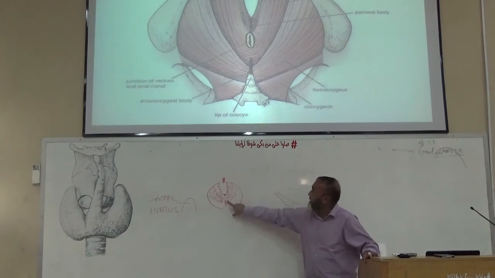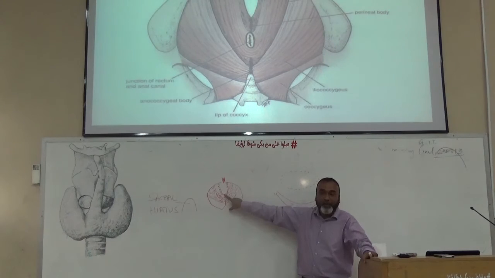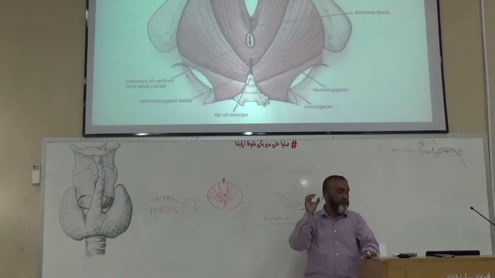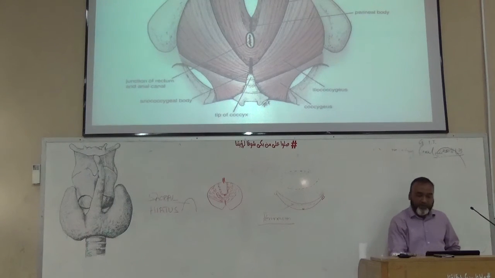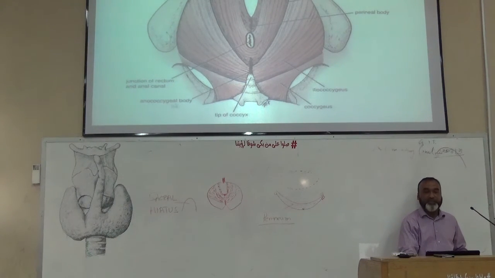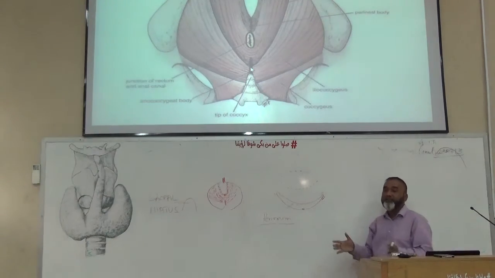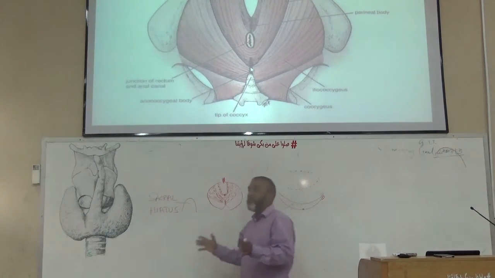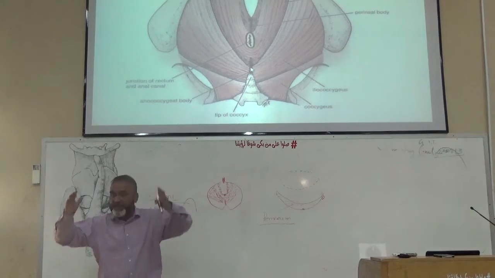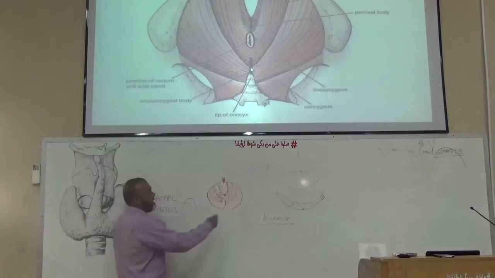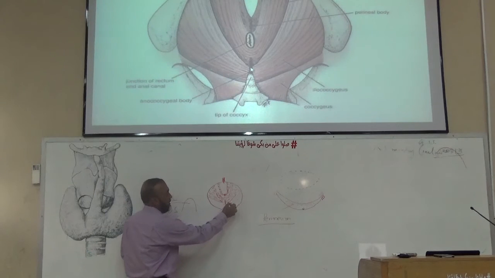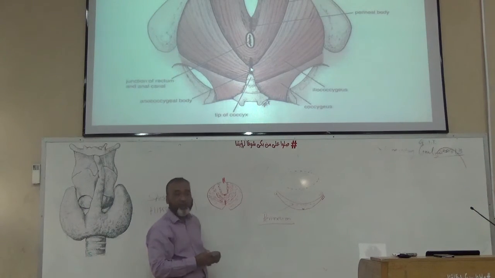Anterior to the rectum we have the perineal body, and posterior to it we have the anococcygeal body. This is the area. So the posterior fibers, which are named pubococcygeus, are inserted over the anococcygeal body.